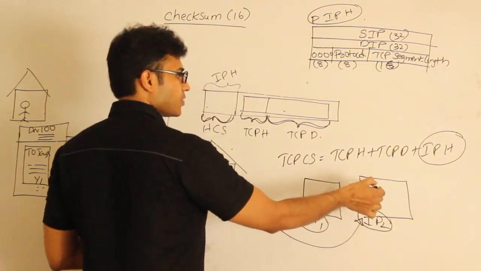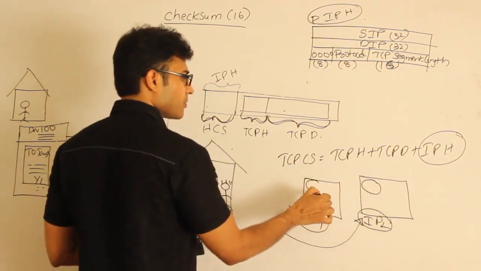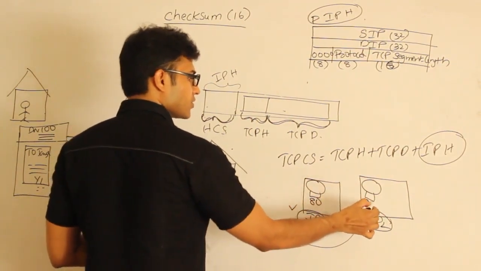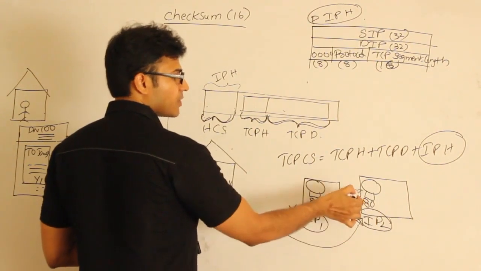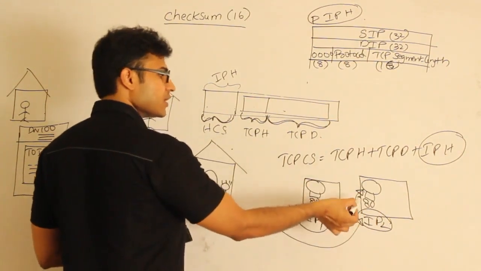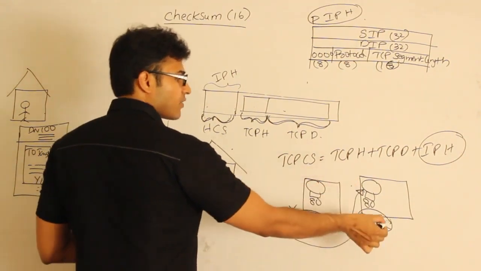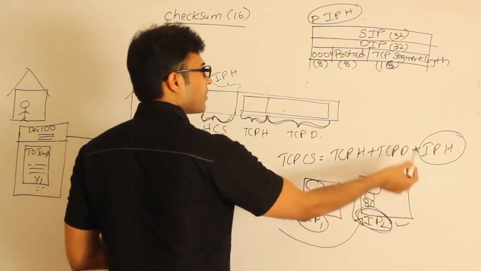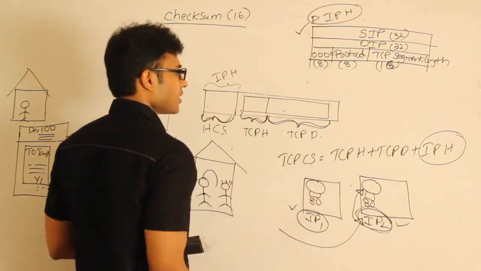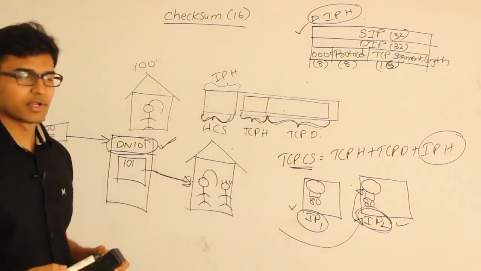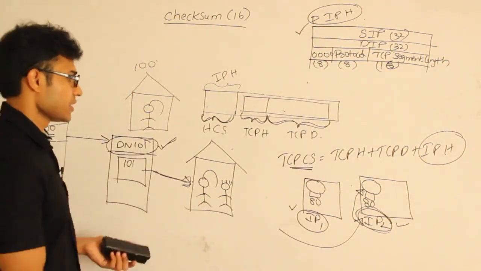Inside that IP2, if there is a host with the same port number, say you wanted to send it to port number 80 and here also there is a host with port number 80, then the packet will be delivered to this process. So before delivering the packet to this process with port 80, we again cross-check whether the destination is actually the right one or not by using this pseudo header. That is how the TCP checksum does double checking before delivering the packet. It is all about the checksum field.